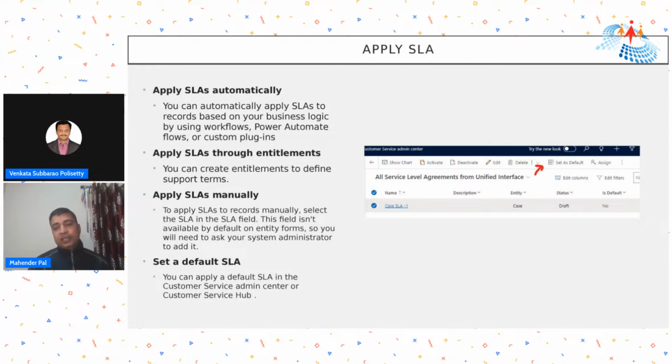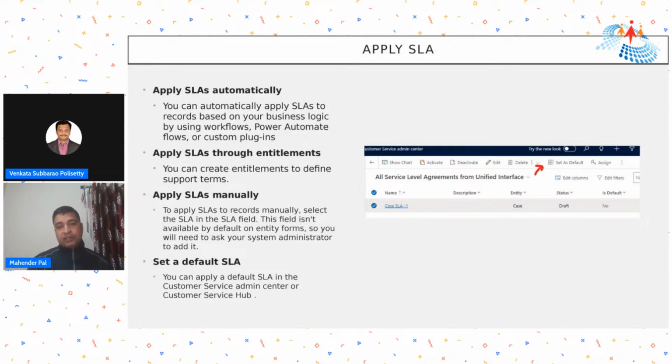Set up a default SLA. As you can see here on the screen, these are the SLAs that we have created, and there is a button called Set as Default. When you click on that, this will be set up as the default, meaning whenever you create a case, this SLA will be automatically applied to it.